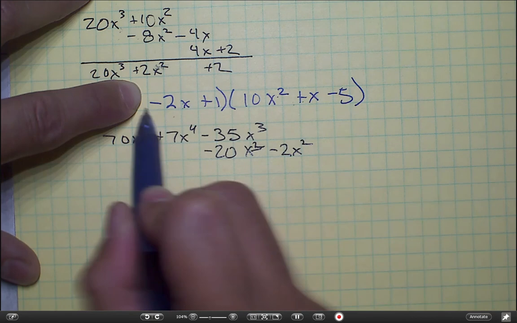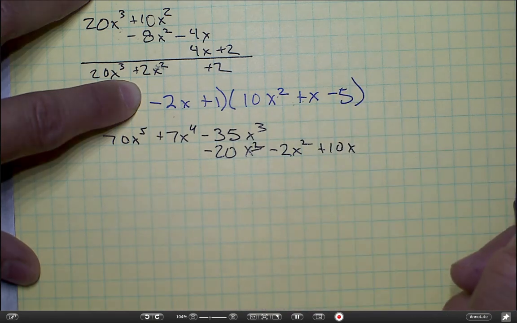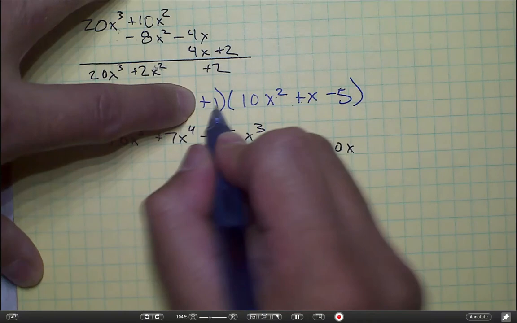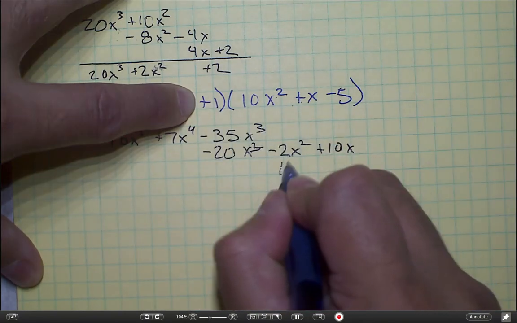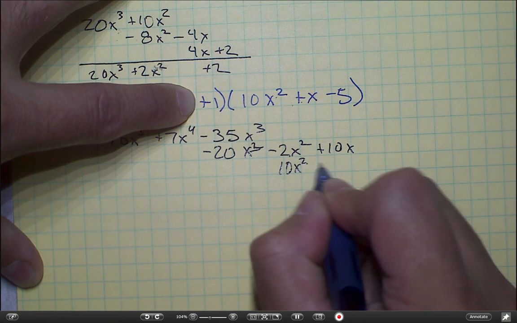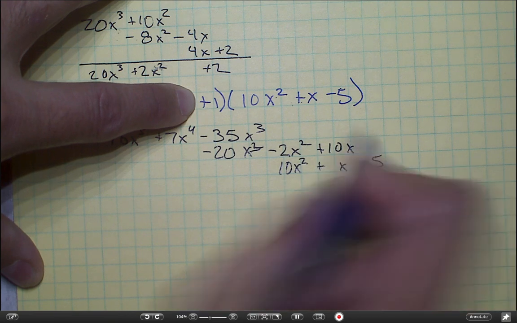And then it's going to give me plus 10x. Then my last one is going to be distributing the 1, which is 10x squared, which is right here. Plus x, and then minus 5.